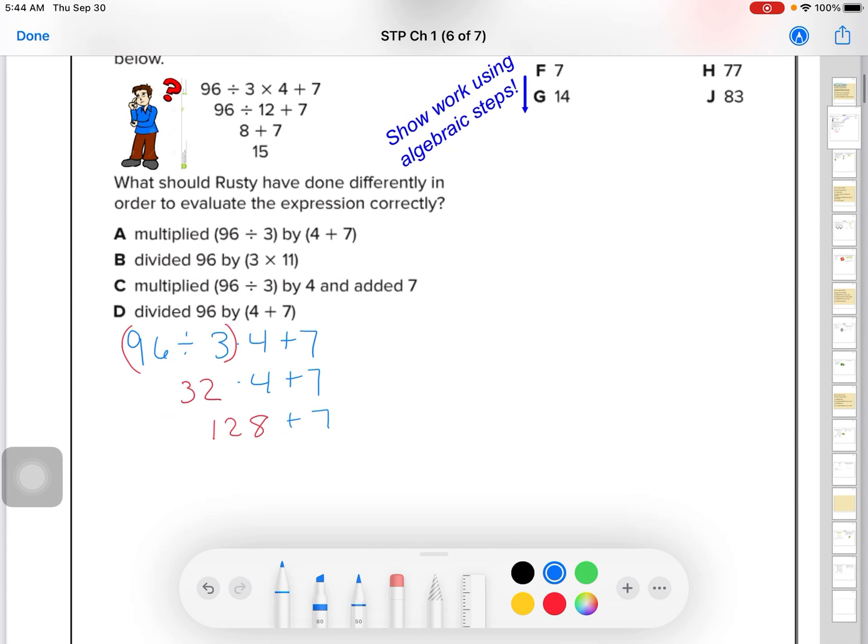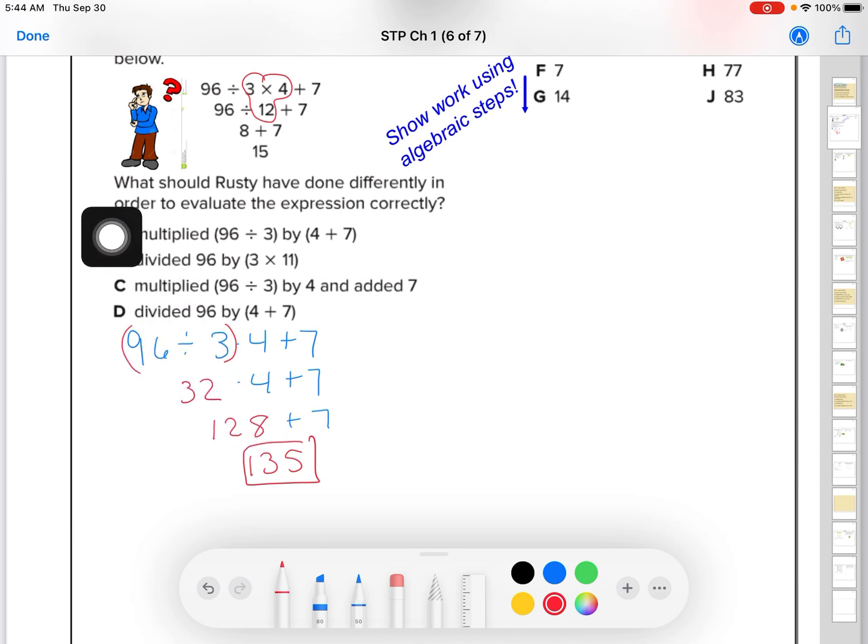And then the last step would be to add 128 and 7, which is 135, which should be the correct answer. If I look up here, I can see that he did the multiplication first and got 12, when he should have really done the division first.